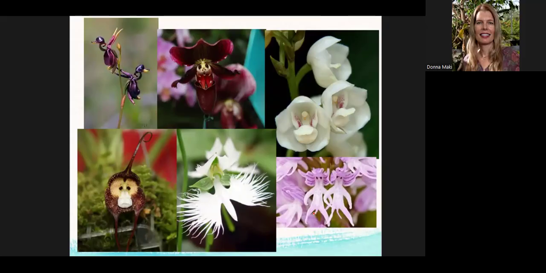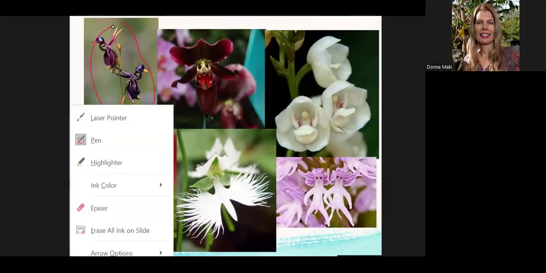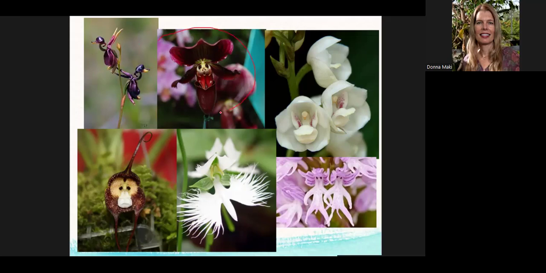So I have it in the notes. So this one here, a duck orchid, don't they look like ducks in flight? And then the vampire, doesn't that kind of look like Dracula? The vampire orchid.